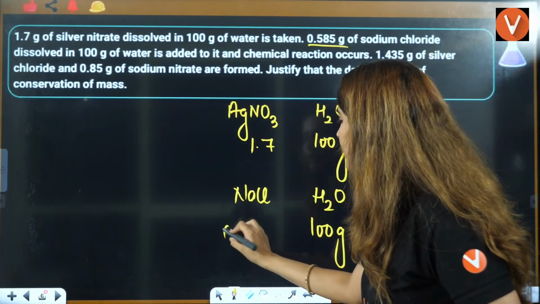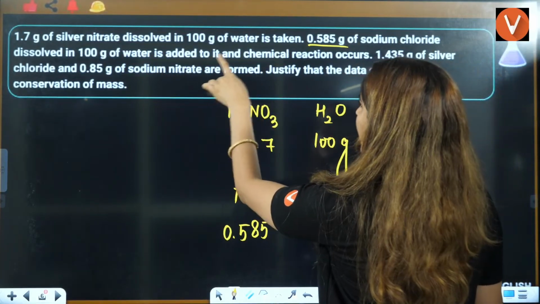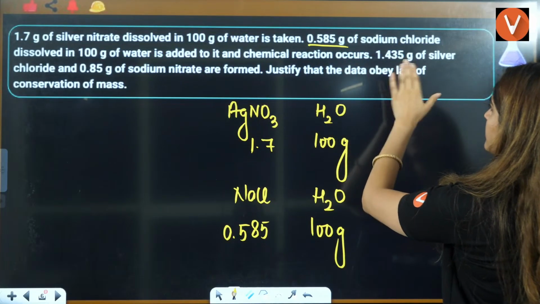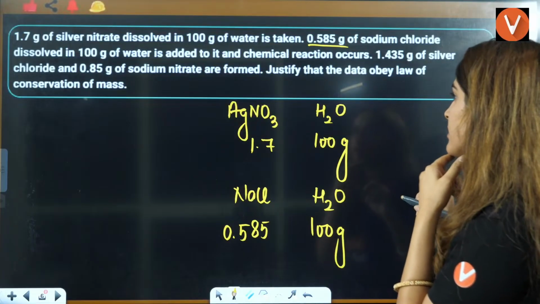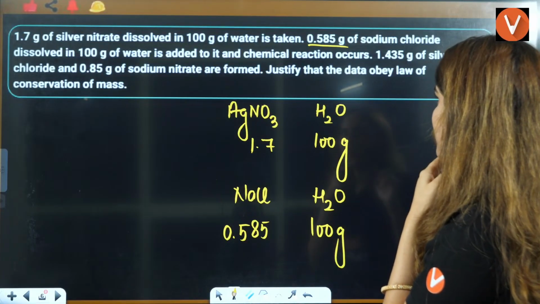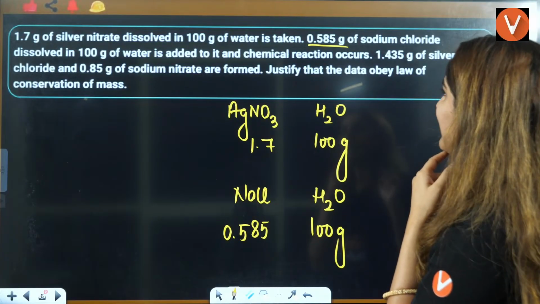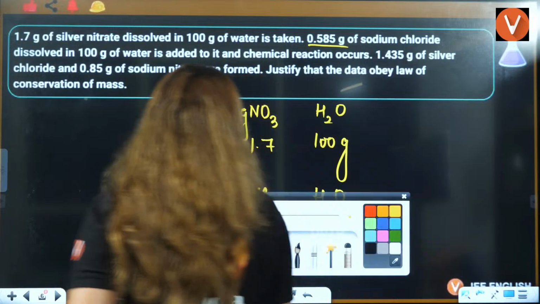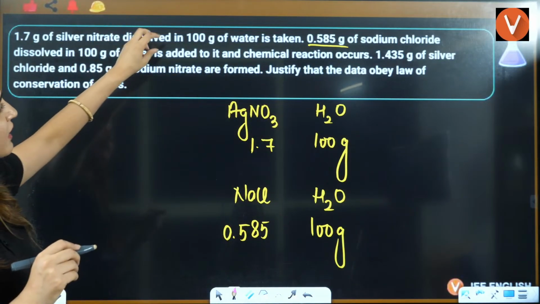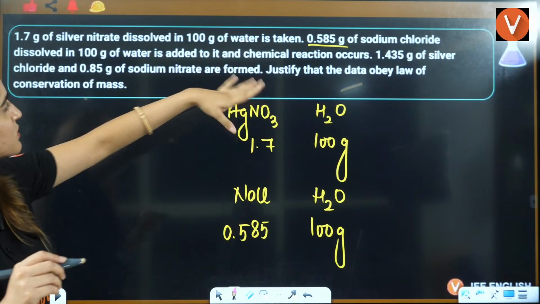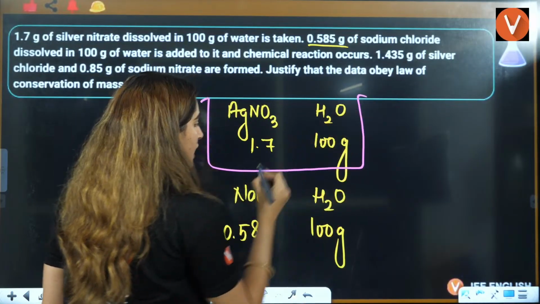How much sodium chloride? They are saying 0.585 gram is added to it, and a chemical reaction occurs. This much silver chloride is formed. So what is said to us is that this much silver nitrate dissolved in water is taken, and this much sodium chloride is dissolved in the other beaker.